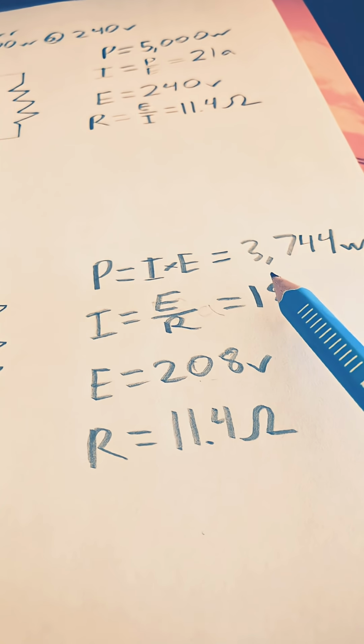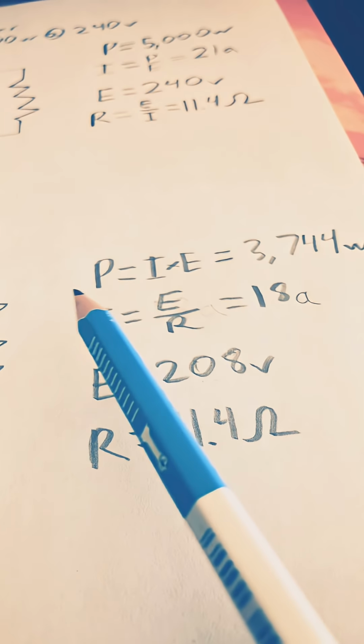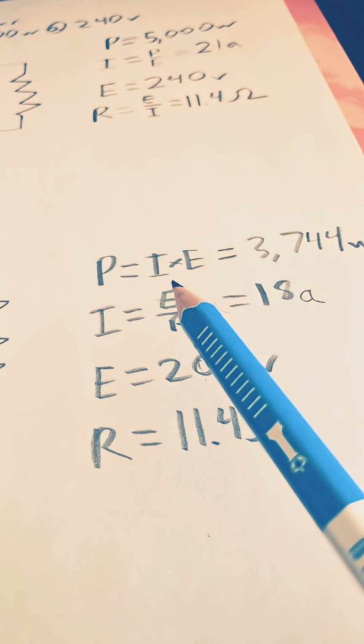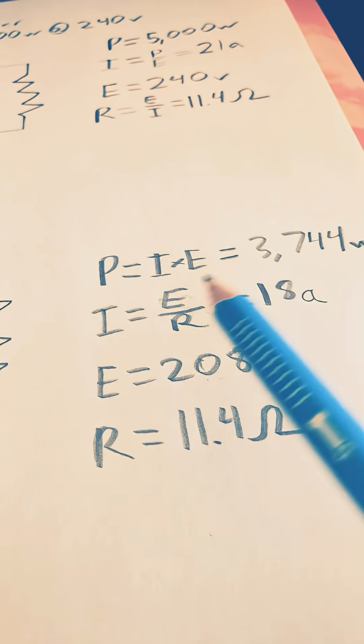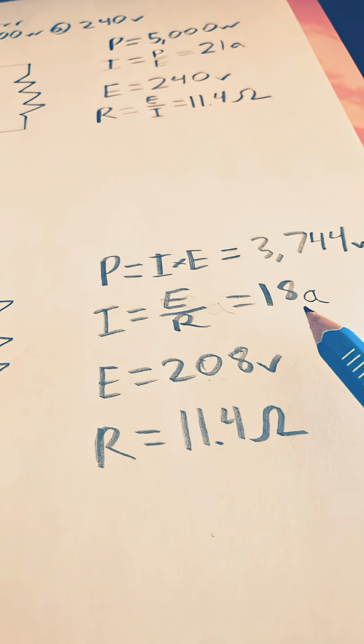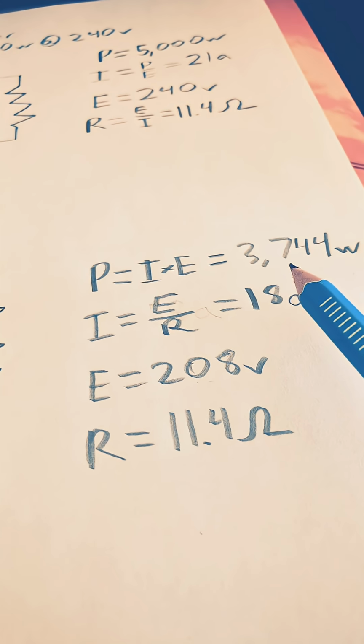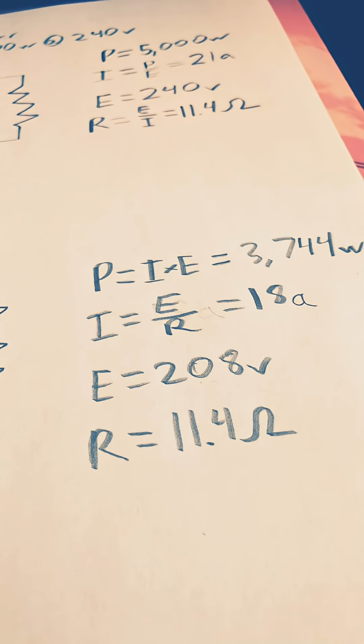We found 3,744 watts to be the power at 208 volts because I times E equals the power. Therefore, 18 amperes times 208 volts equals 3,744 watts.